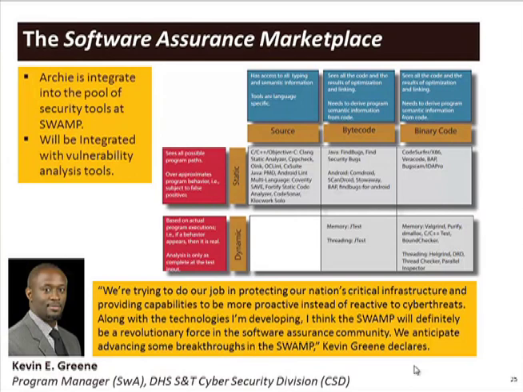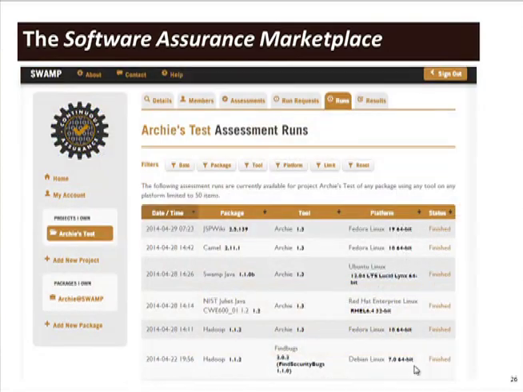A version of Archie is integrated into SWAMP, and later we are going to use it to perform vulnerability analysis at the level of software architecture. Here is a snapshot of Archie on SWAMP, which shows that you could select several tools. Here I've selected only Archie.